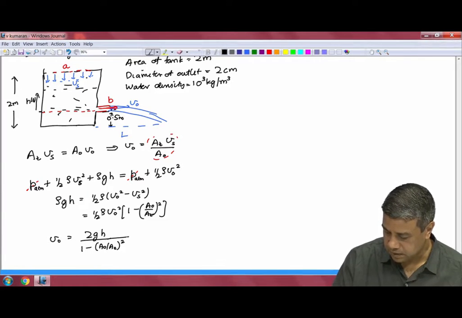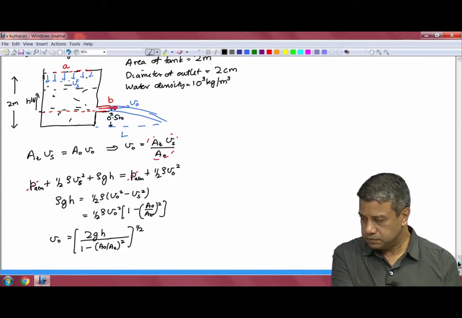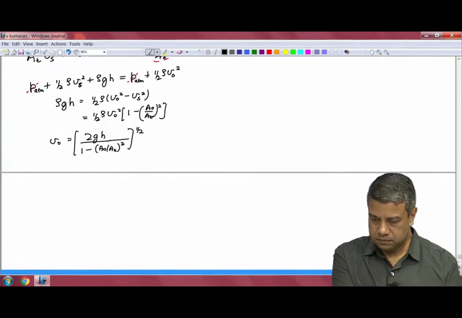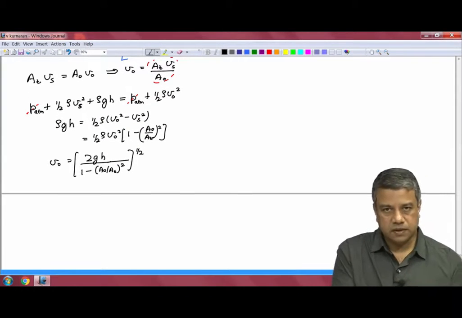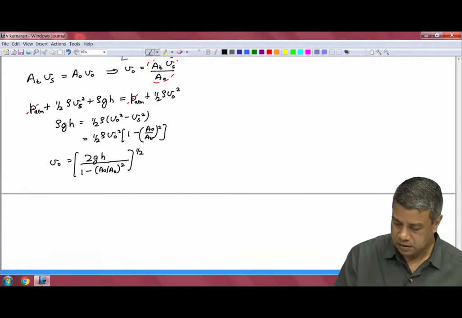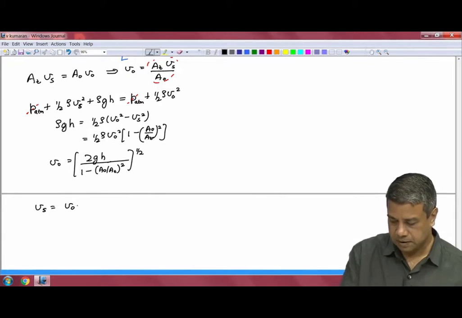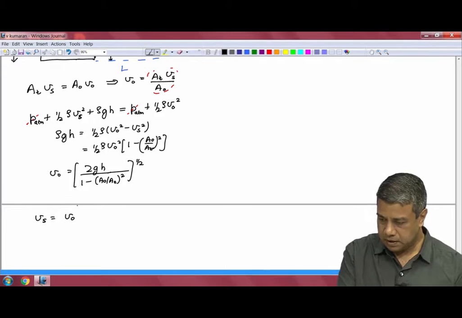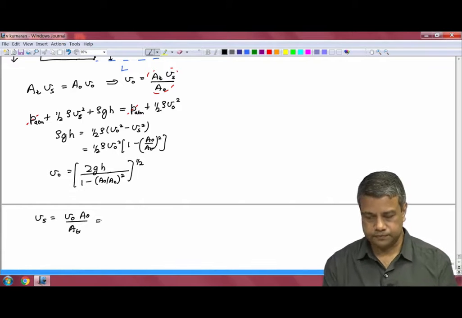The whole square, the whole thing to the half power. So, that is the velocity of the outlet. The surface velocity is equal to the velocity of the outlet times A0 by At.